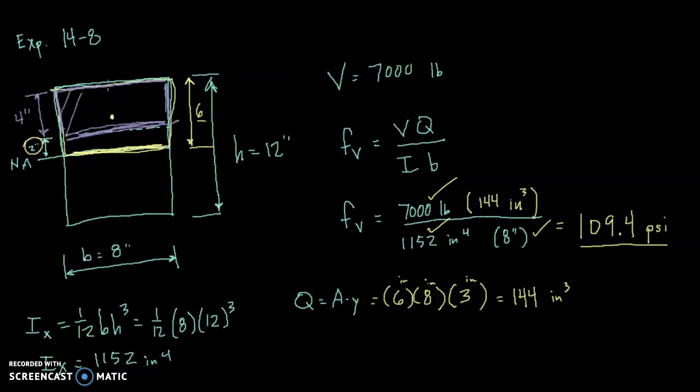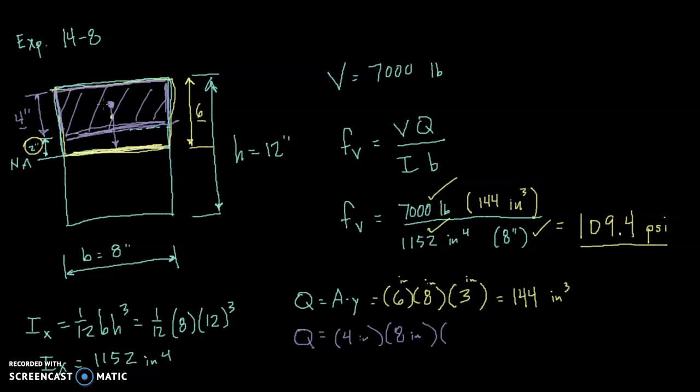So the area is 4 times 8. So Q is going to be equal to 4 inches times 8 inches. And now I need to know what y is, the distance from the centroid of this purple rectangle down to the neutral axis of the beam.